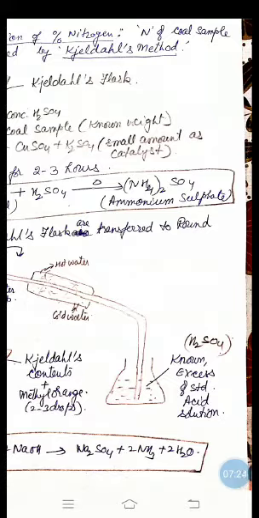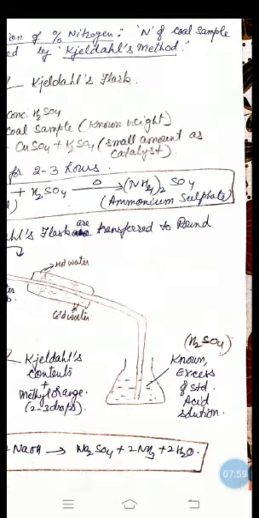Once we know how much H2SO4 reacted with ammonia, we can calculate the volume of ammonia formed and the normality of ammonia. Because acids and bases always react according to the law of normality, that is, they react in their equivalent proportion: N1V1 = N2V2.